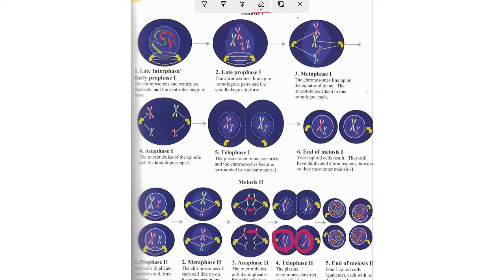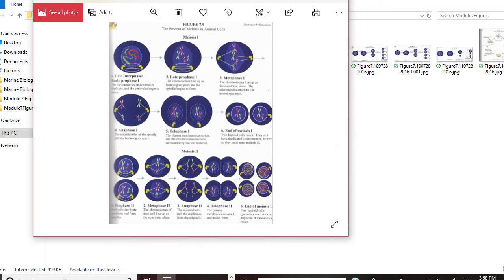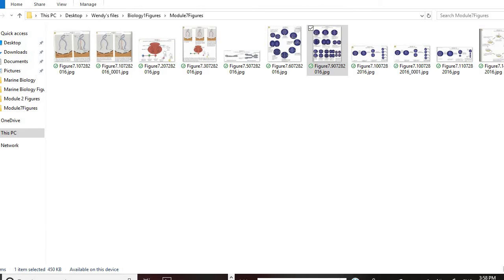Okay, so that is meiosis, meiosis I and meiosis II. So at the end of meiosis II, you end up with 4 cells that are haploid cells. The chromosomes are not duplicated. So this is what happens in males and females, and that's what happens in the egg and the sperm.